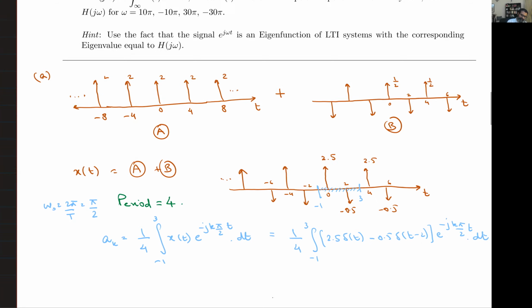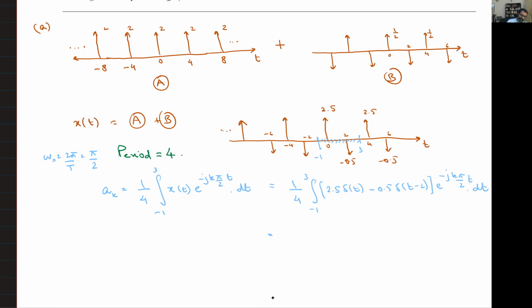So what does this evaluate to? I just use the sampling property of the delta function. So this is 2.5 multiplied by 1 by 4, and e raised to power j k pi by 2 times t, when t is 0, becomes 1, that goes away, and this is going to be 5 by 8. Then this is 0.5 multiplied by 1 by 4 times e raised to power minus j k pi by 2 times 2.